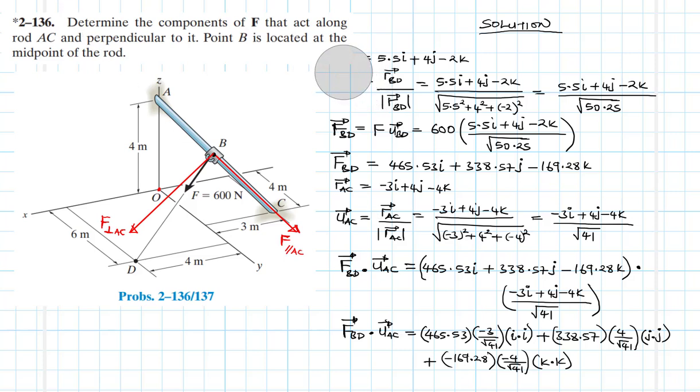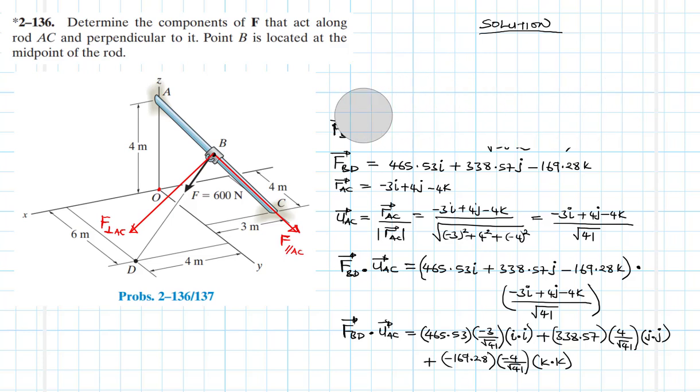Let me rub this stuff on top, because it's now of no use, and you find it in the previous sessions. Therefore, vector force FBD dot unit vector AC, after doing the dot product and the computation using your calculator, and the algebraic summation, you find that you are going to have the following result: 99.14, which is in newtons.